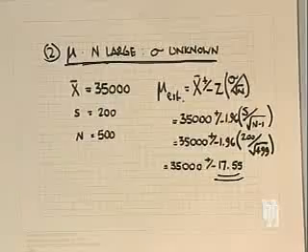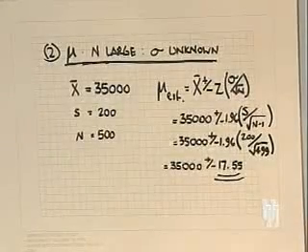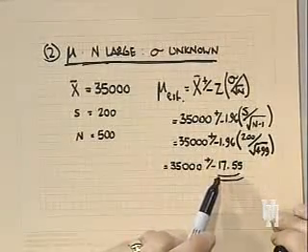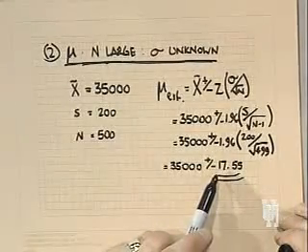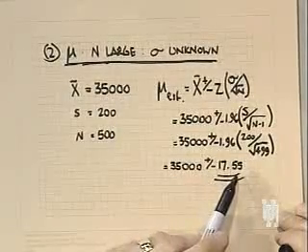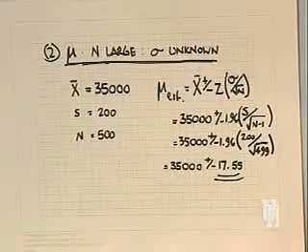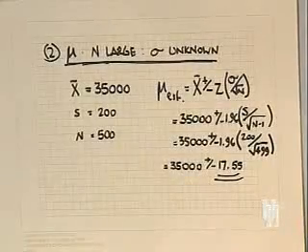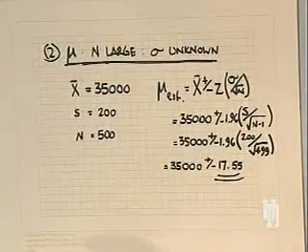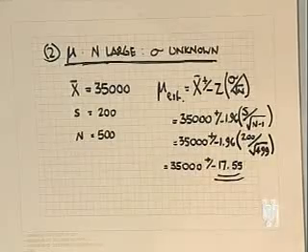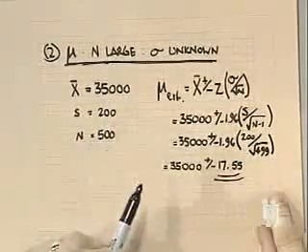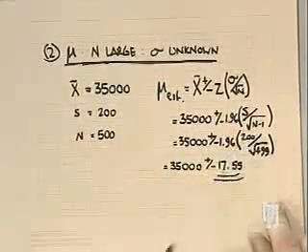I mean, what we've said here is that we're 95% confident that the average income of this group as a whole, this community as a whole, is somewhere between $34,982.45 and $35,017.55. It's an absurdly narrow range. And it's an absurdly narrow range because this measure of standard deviation, this measure of dispersion, is ridiculously low.